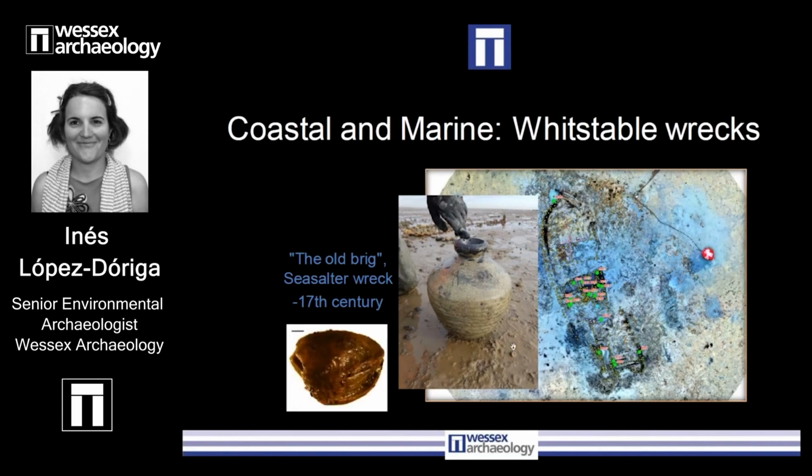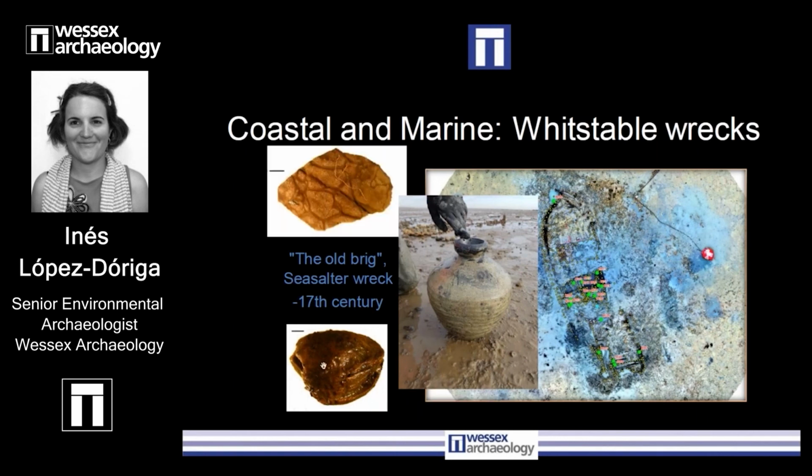And it is exciting because we think that this vessel was associated with smuggling, and we found plum and walnuts, which may have been smuggled products together with other things that were smuggled.